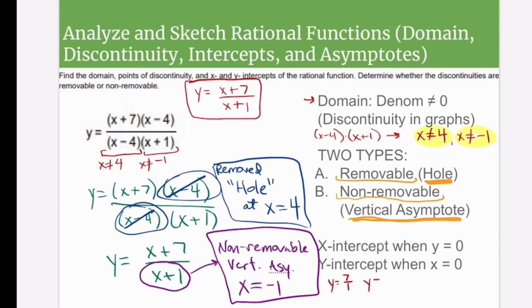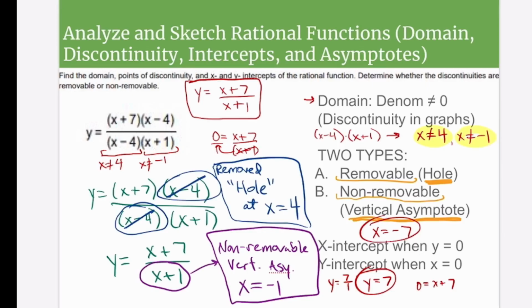So our y-intercept is going to be 7. For our x-intercept, when you plug 0 in for y, you get 0 equals this fraction. When we cross multiply, the 0 times this denominator goes away. So 0 is actually just equal to x plus 7, and we could solve that. So our x-intercept is going to be when x is negative 7.